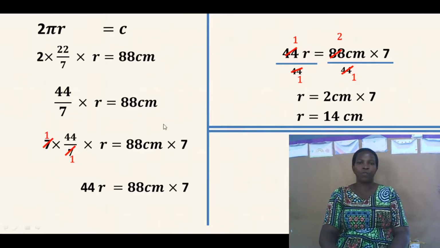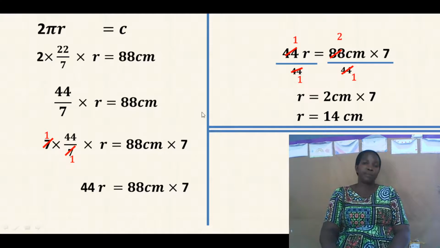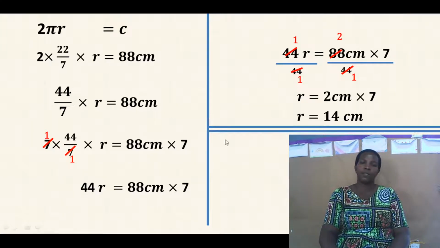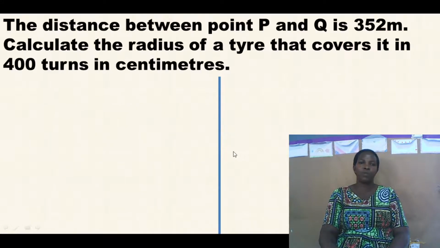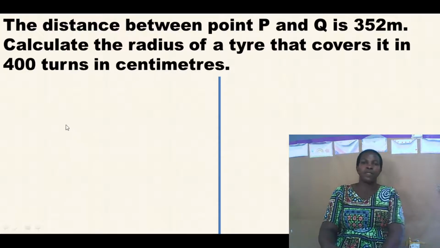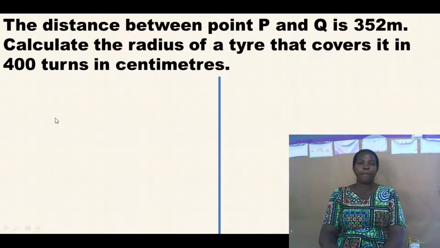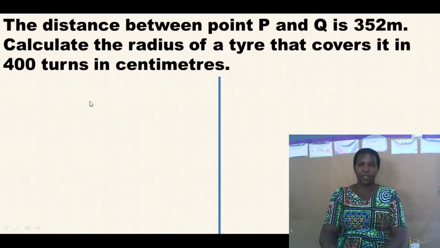So this is the solution as per example 2, but we shall still look at example 2, this time using the formula for calculating circumference. In the first instance, we used proportions, but in this situation, we want to look at using the formula.